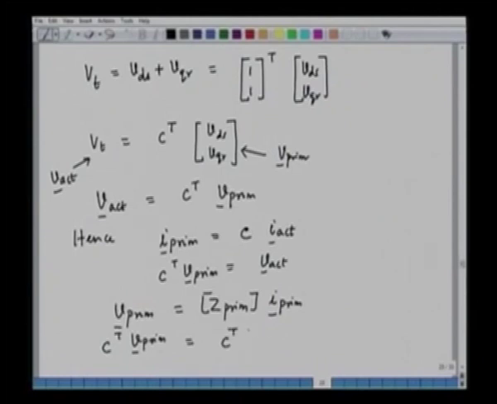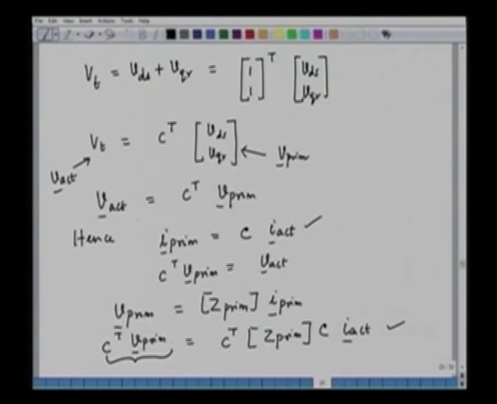So I have the C transpose here, and I primitive can be written like this, that C into I actual. So this equation will lead to a different result, like C transpose into V primitive.